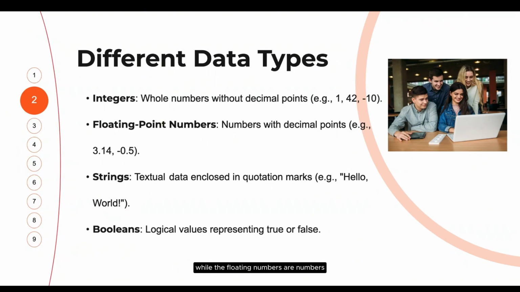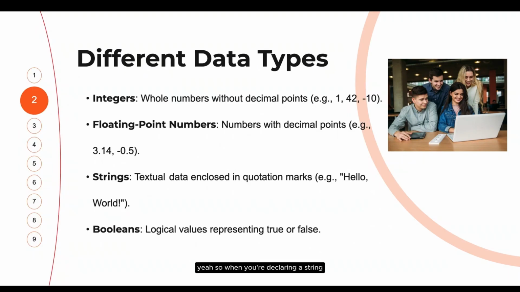While the floating point numbers are numbers with decimal points, for example pi, 3.14, or minus 0.5. While strings are textual data enclosed in quotation marks, for example, "hello world".